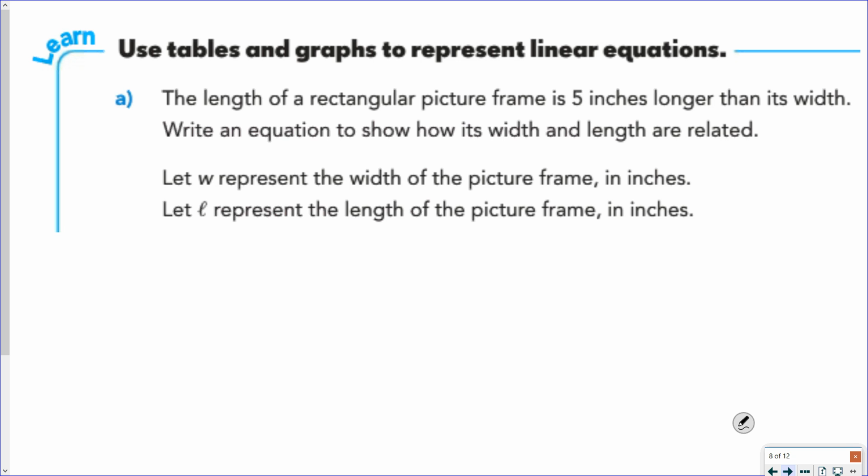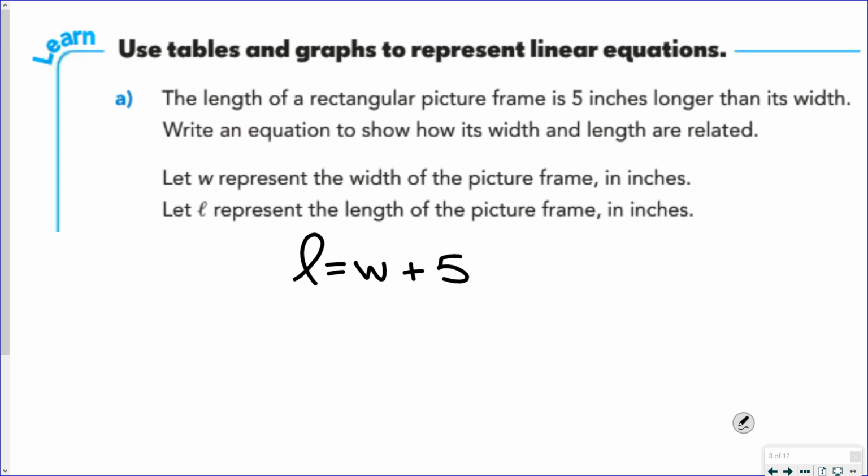So if the length of a rectangular picture frame is 5 inches longer than its width, that tells me that we would have to know our width first. So that makes our width the independent variable and length, or L, our dependent variable. So our equation would be L equals W plus 5.